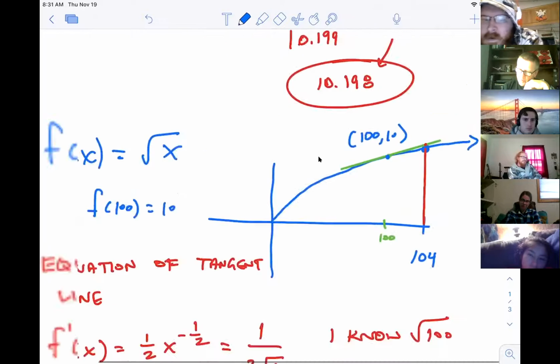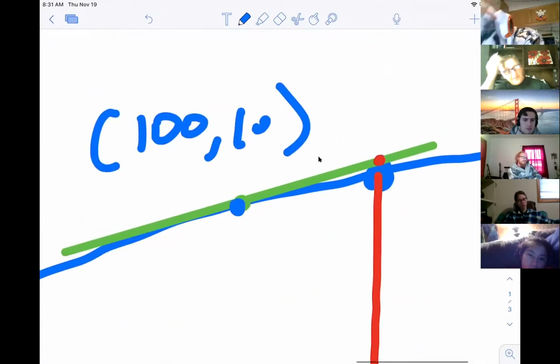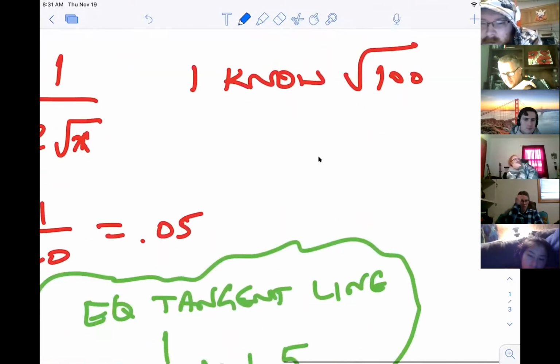So again, the other thing that's really cool is based on this graph, remember what I said, that based on the graph, the green line is above the blue curve, and therefore my estimate of 10.2 is not just a good estimate, I even know it's an overestimate. Isn't that cool? And how much did we miss it by?